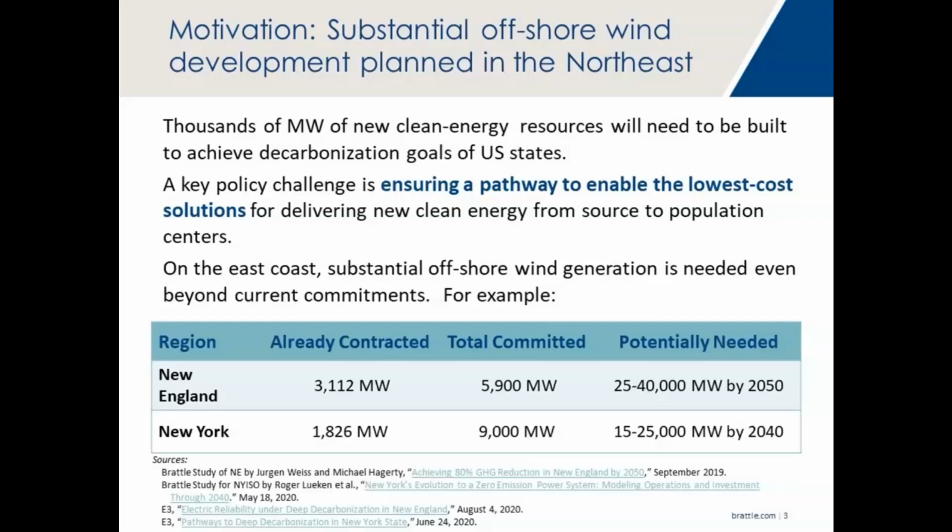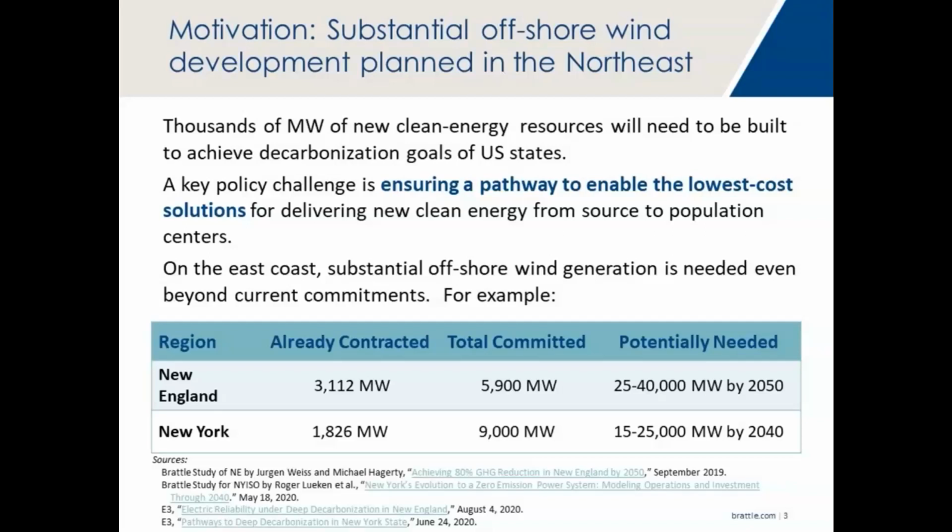offshore wind is on the table here in the Northeast, particularly as one of the most abundant and fairly cost-effective clean energy solutions. As you may know, the northeastern states along the Atlantic coast, so not just New England and New York, but also the mid-Atlantic, run by PJM, New Jersey in particular, have very ambitious clean energy goals over the next 10, 20, 30 years.